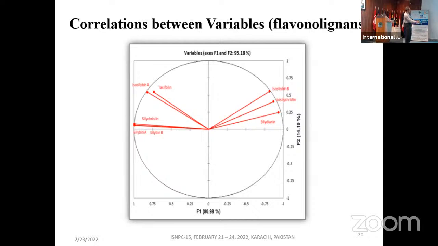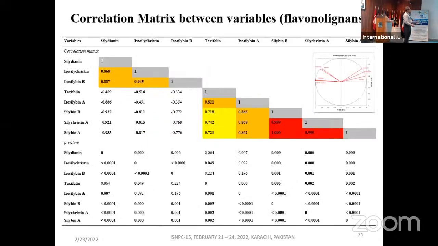The 3 vectors of silybin A, silybin B, and silicrystine are also much nearer to each other. Actually, isosilybin A was a little bit controversial because it was near silybin A and B and away from its very related isomer isosilybin B.